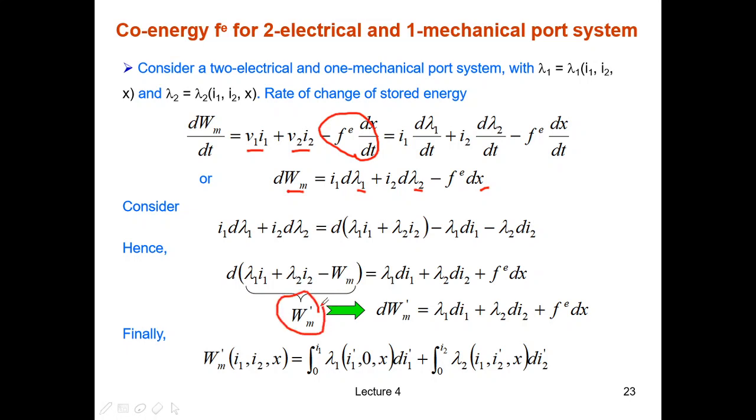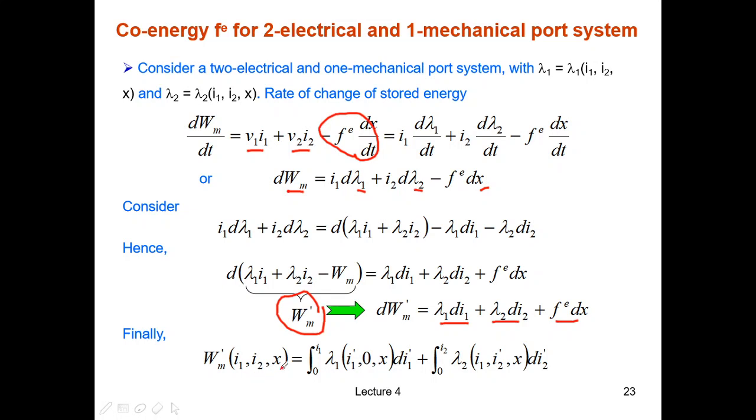Therefore we can prove that dWm dash will be lambda 1 dI1 plus lambda 2 dI2 plus Fe dx, and therefore Wm dash is a function of I1, I2 and x.